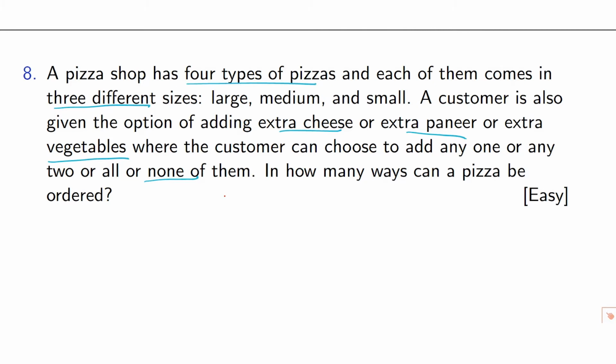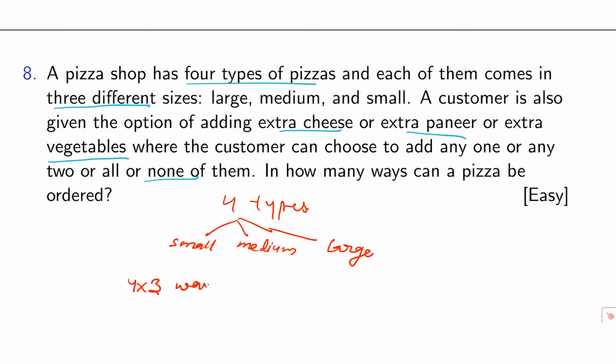So the shop has 4 types of pizzas, and all of them come in 3 different sizes: small size, medium size and large size. So if the customer chooses to add none of them, then he can order the pizzas in 3 ways by the multiplication rule.